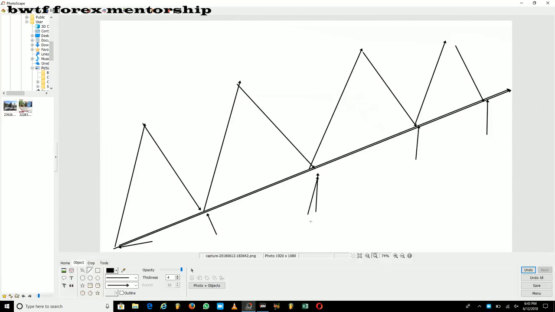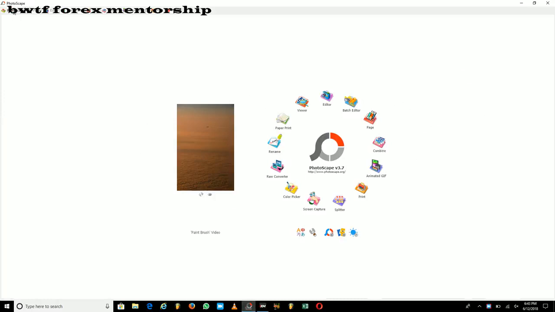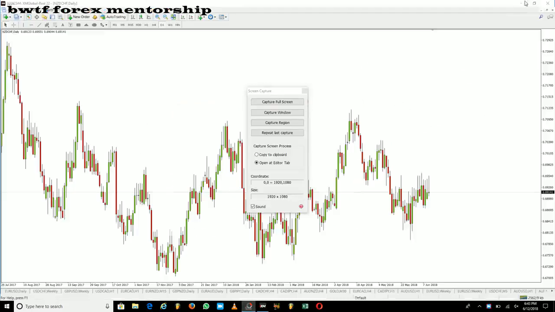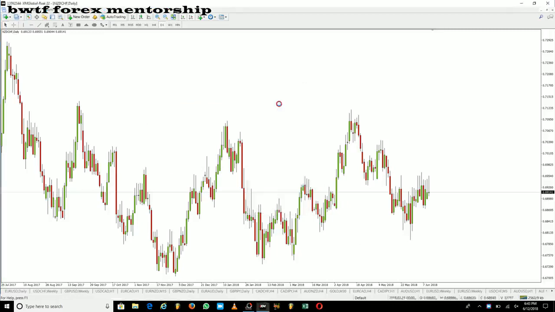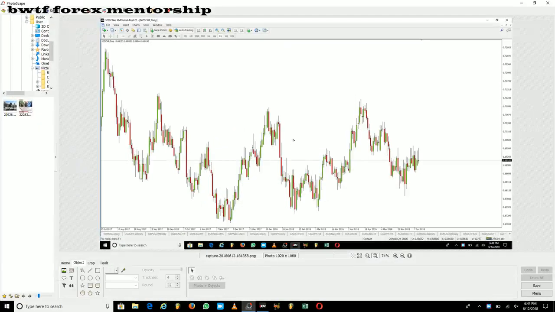Now I'm going to use a chart to prove the same example. Let me screenshot this to make everything simpler. Okay, so as you can see, the market went up, came back and bounced here, then went up, and then came here.